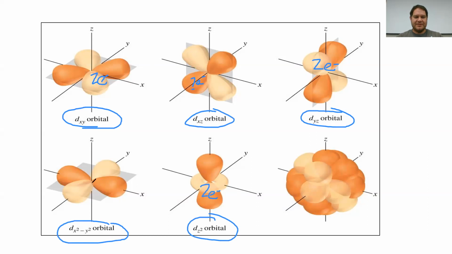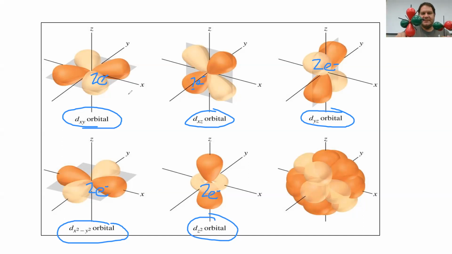All right, so here we go, our 2 electrons, okay? These are the individual ones. The only difference between them is the spatial arrangement, okay? So here's a d orbital that you can see up here that looks similar to your diagram. And again, you can have 2 electrons in any particular d orbital. Let me grab another one.